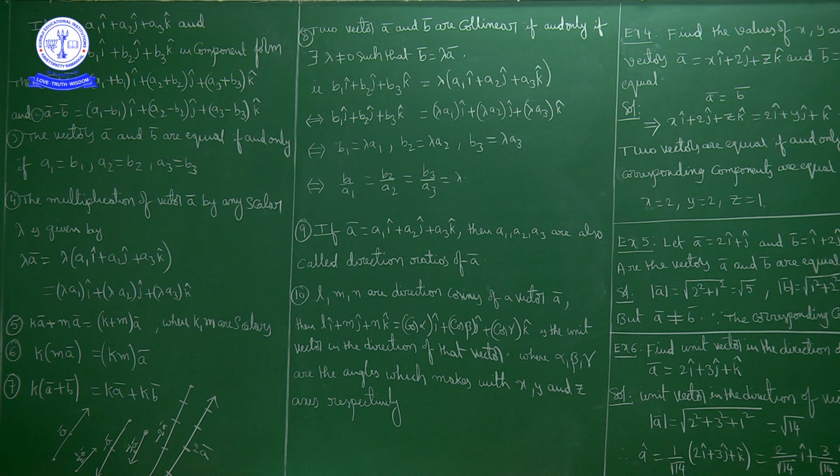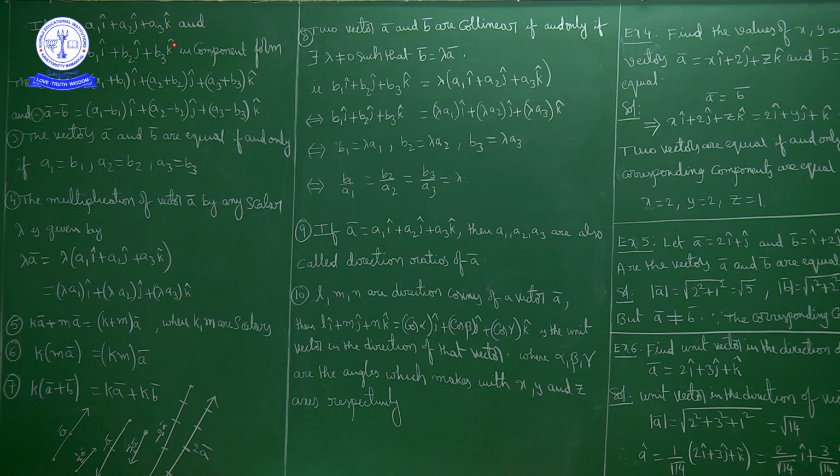Okay. Next. Two vectors A bar and B bar are equal if and only if the corresponding i components are equal, j components are equal, and k components are equal. That means the i component of A bar has to be equal to the i component of B bar, and the j component of A bar equal to the j component of B bar.